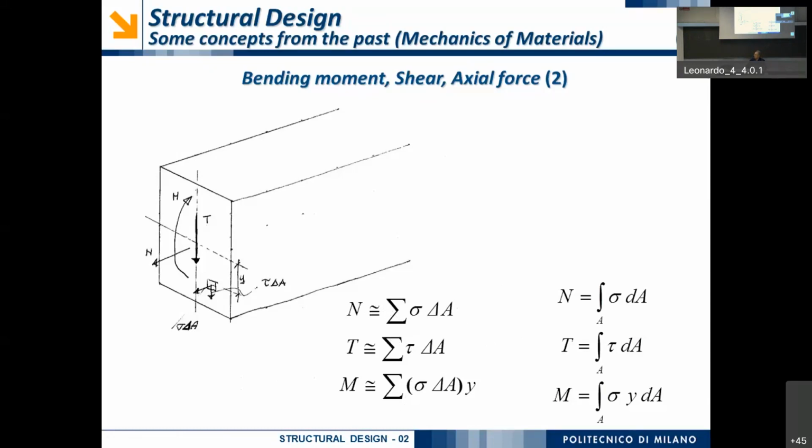The approximation comes from the mathematical part. In fact, when I have a summation extended to very small pieces whose area tends to 0, that kind of summation is just an integral. From a conceptual standpoint, nothing changes. From a mathematical standpoint, we have a different symbol, okay? Not the summation anymore, but the integral, okay?